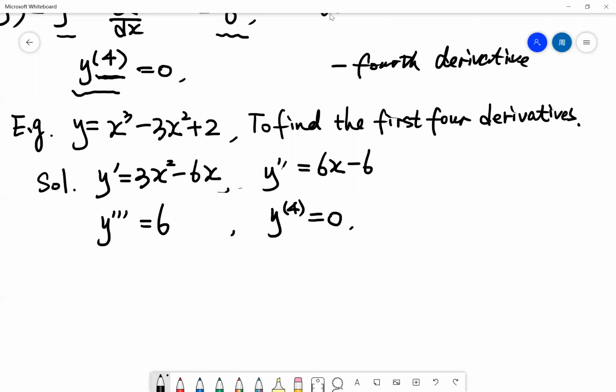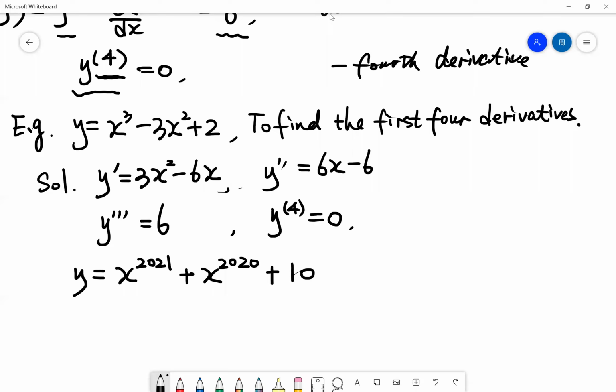So please think about a question: y equals x power 2021 plus x power 2020 plus 10.